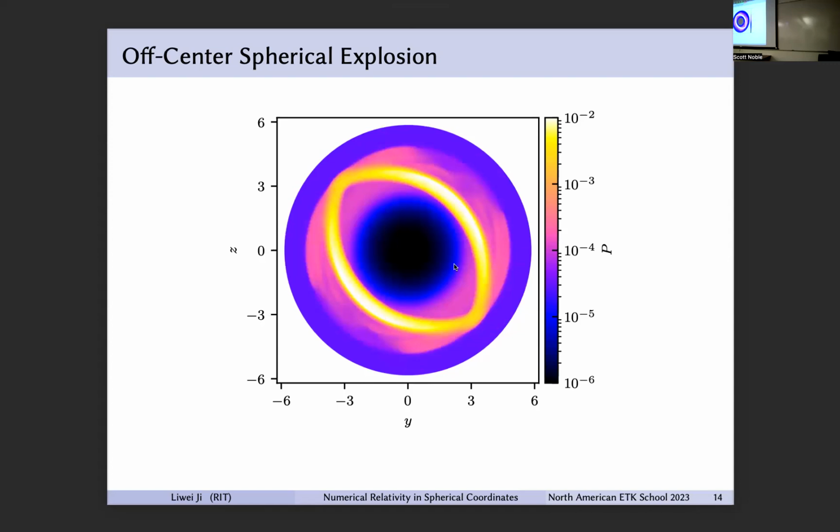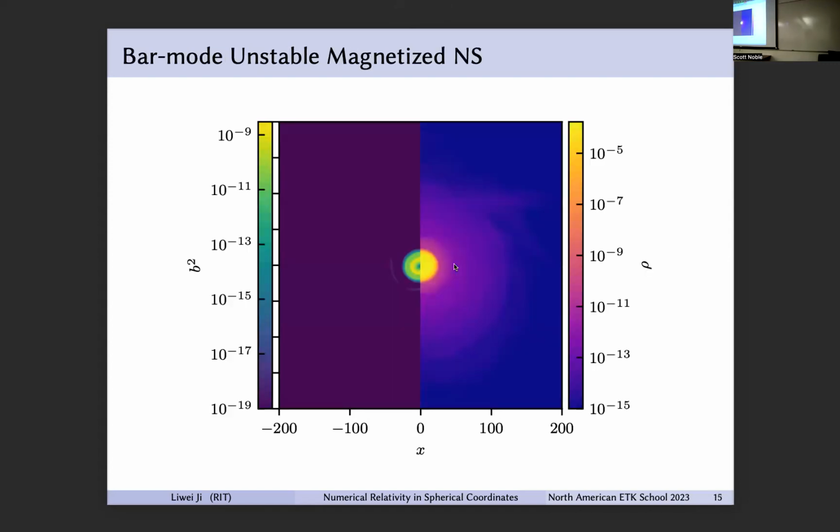The next test is the so-called bar mode unstable rotating neutron star, and we are trying to mimic the final stage of, say, binary neutron star mergers. Here, what I showed is on the left the magnetic field, and on the right the density, in the XY plane.